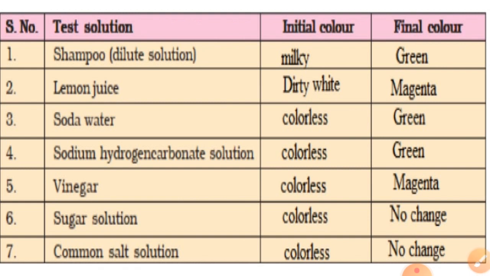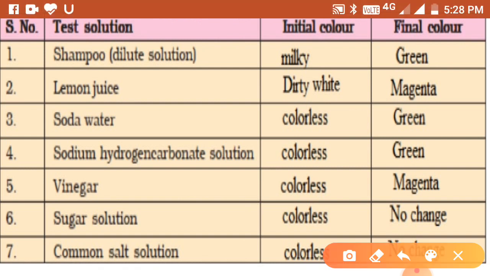We can check the shampoo with the China rose solution. Initially the shampoo's natural color is milky. When we use the China rose indicator, its color changes into green. And when we use the China rose indicator in lemon juice, its color changes into magenta.